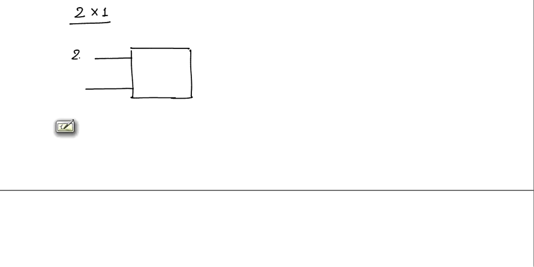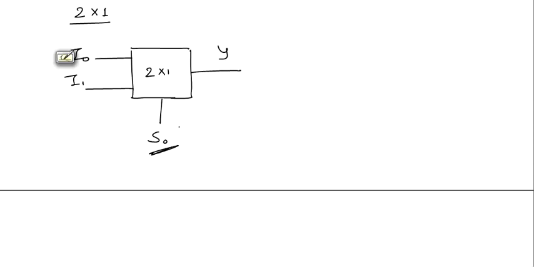Now we'll see first the 2 is to 1 multiplexer. A 2 is to 1 multiplexer will have two inputs, one will be I0, other will be I1, and there will be one select line S0, and one output Y. Now this multiplexer, depending on the input at the select line, will connect one of the inputs to the output.